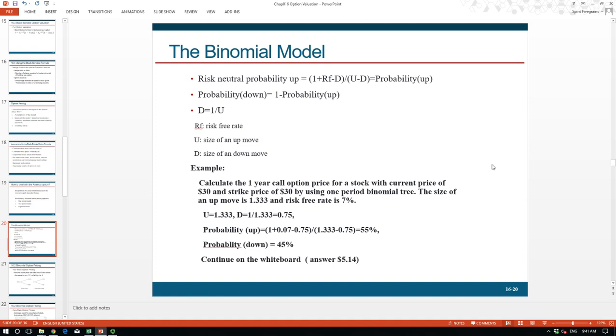Here there are two potential scenarios for the future expected payoff: one is stock price going up, the other is stock price going down. You need to estimate the risk-neutral probabilities for those two potential outcomes to estimate the expected payoff. Once you get an expected payoff, don't forget to discount it back to today to get the present value, because that present value is equivalent to the option price.